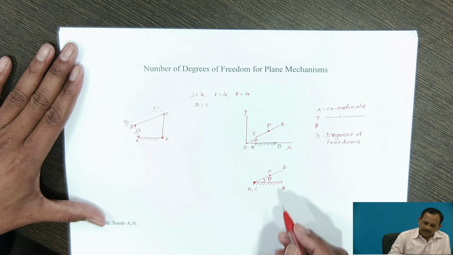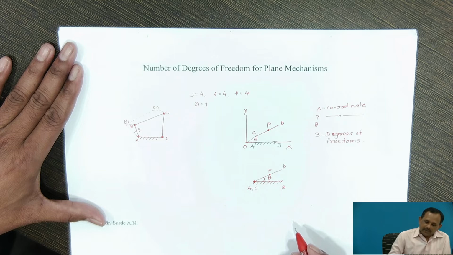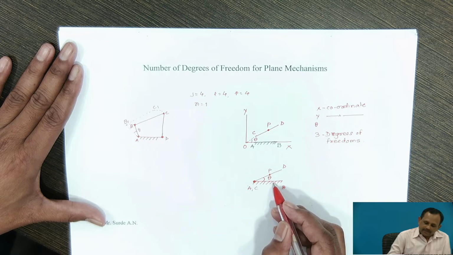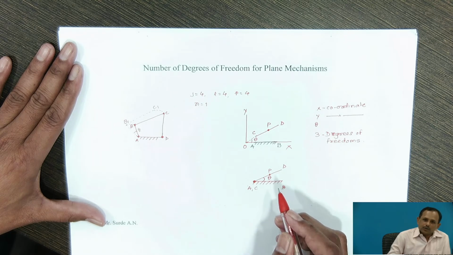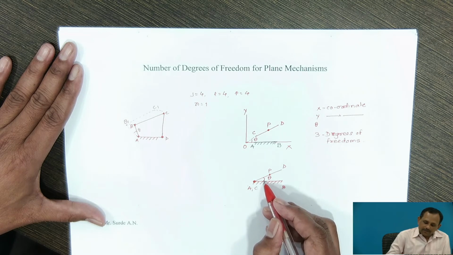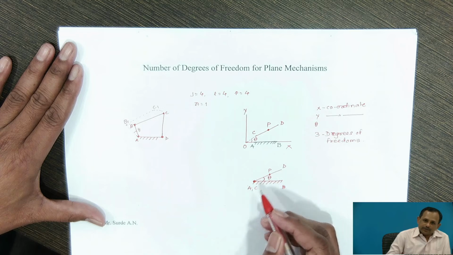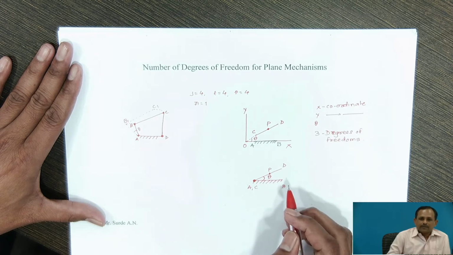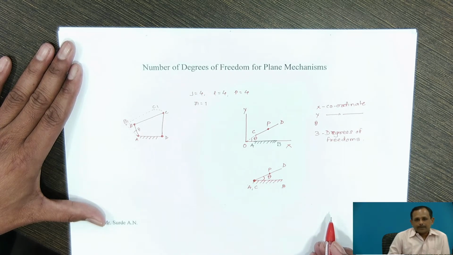From this we learn that any link has 3 degrees of freedom before it is connected to another link forming a turning pair. When a link is connected with a fixed link forming a turning pair, 2 degrees of freedom vanish, and the number of variables required to define the position of link CD, or the position of P on link CD, is only one, that is angle theta.